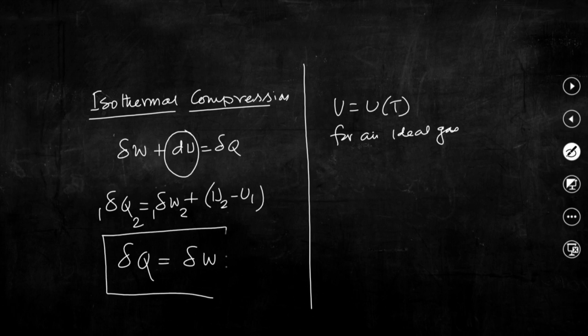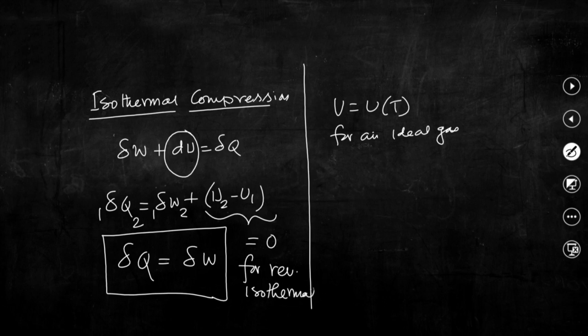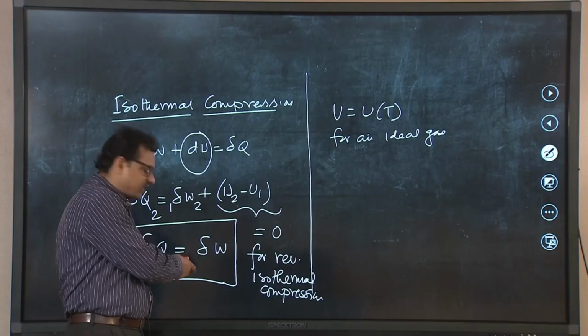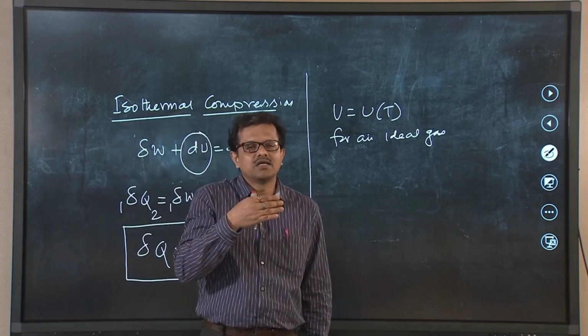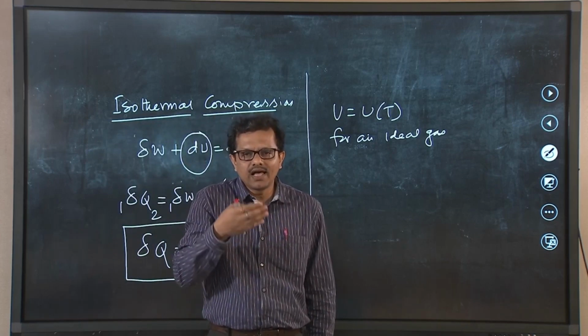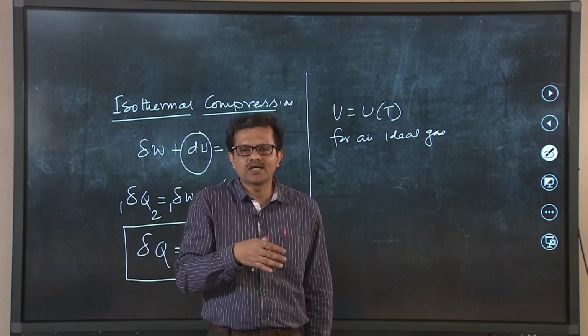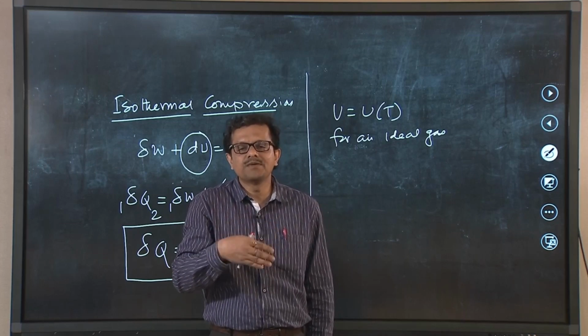What does it mean? Because this fellow, the change in internal energy, is equal to 0 for reversible isothermal compression, right. So, what we can understand is that the amount of energy that is supplied to the compressor in the form of work would cause a rise in temperature, but isothermal compression is not permitted to have an increase in the temperature of the working fluid. The sole purpose is to increase the pressure.